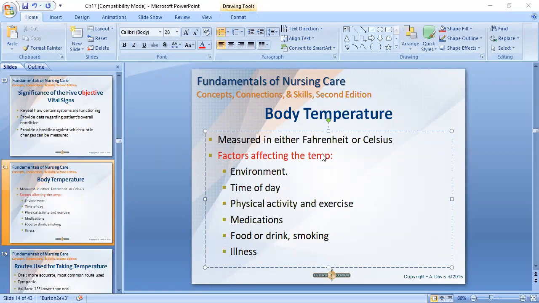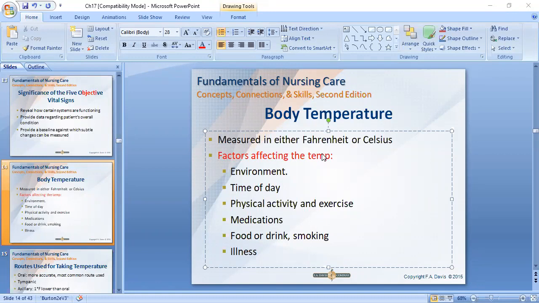Physical activities: if you do physical activities, sedentary work, or physical exercise, your body temperature goes up. And some medications, I told you, narcotics, right? Narcotics or opioids, morphine, meperidine, pethidine, cocaine, all reduce the temperature.